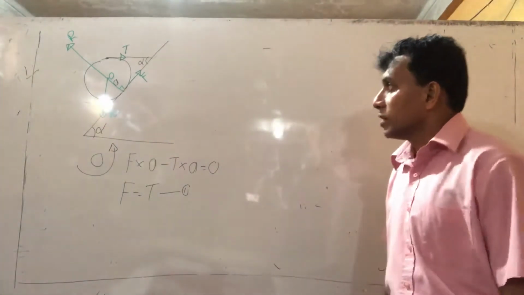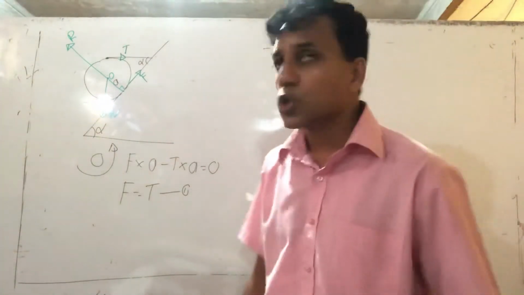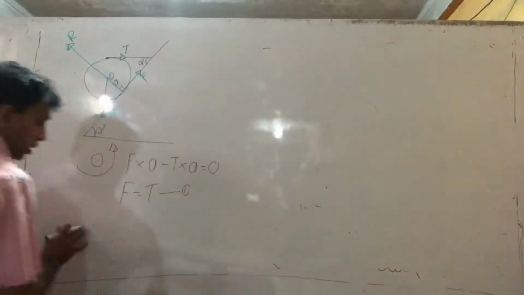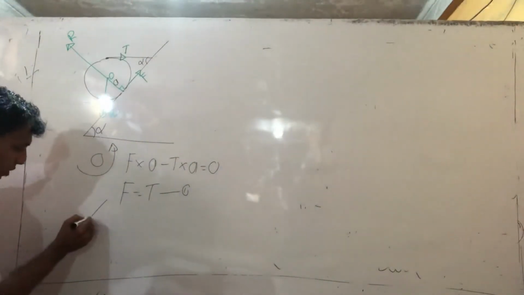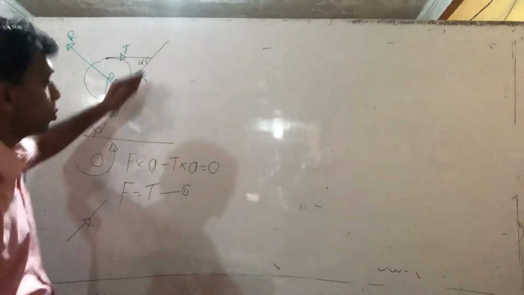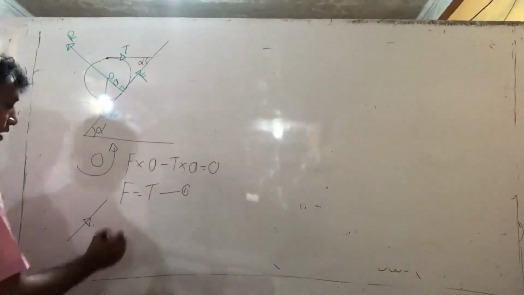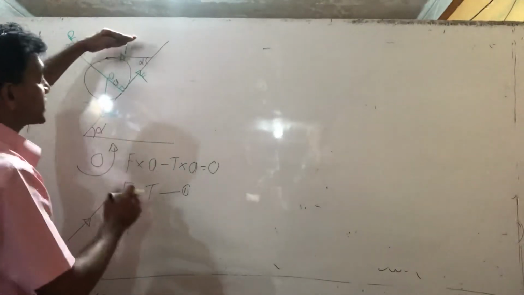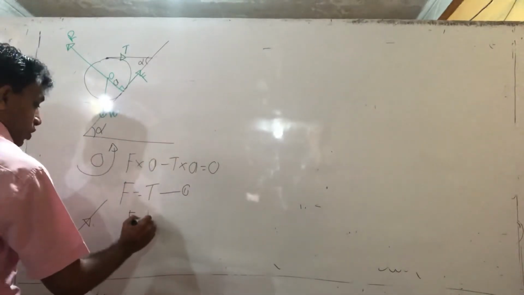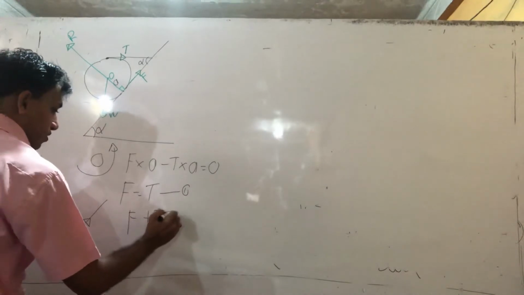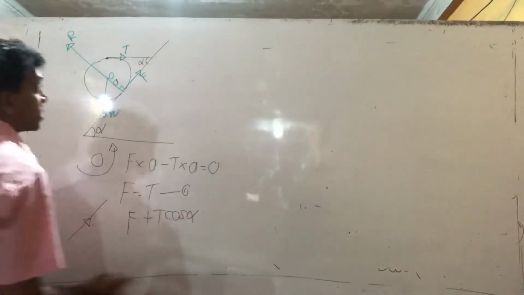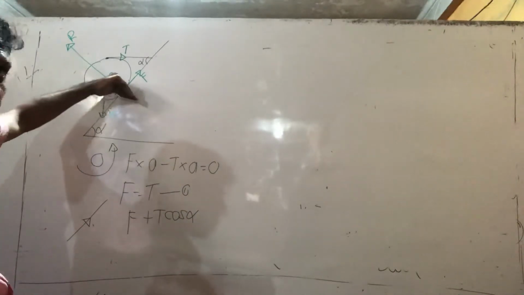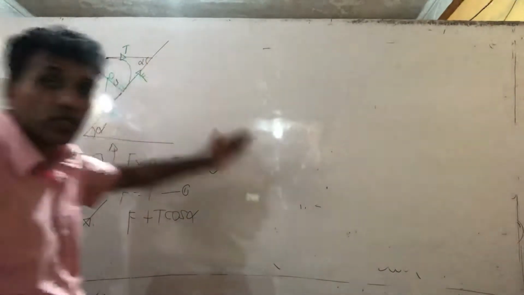Okay, next. Resolve the force along the slope. Capital F plus T cos alpha. Okay, check will you. And you can't take R because R is perpendicular; R cos 90 is 0.